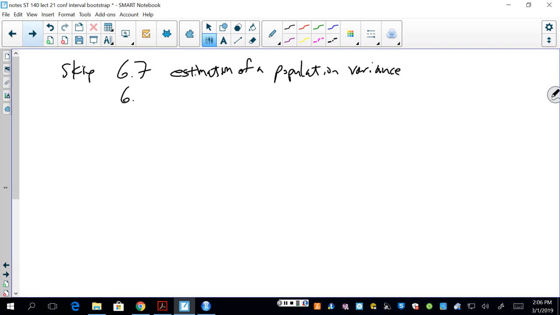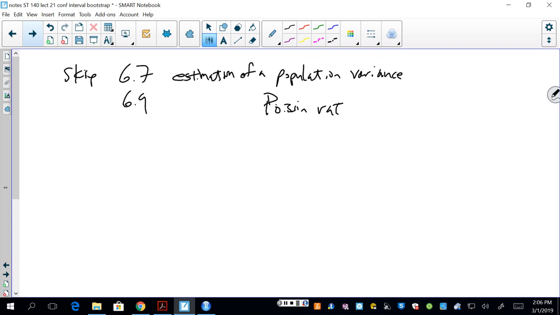We're going to skip 6.9, which has a Poisson random variable, the Poisson rate. And 6.10 had one-sided confidence intervals. Sometimes you can do one-sided confidence intervals, so we would just go from a lower end up to infinity, or an upper end down to negative infinity.